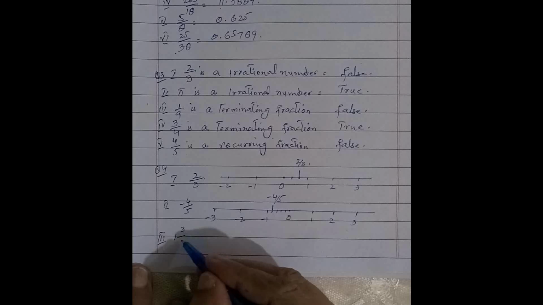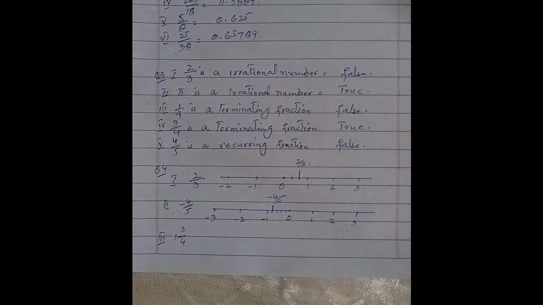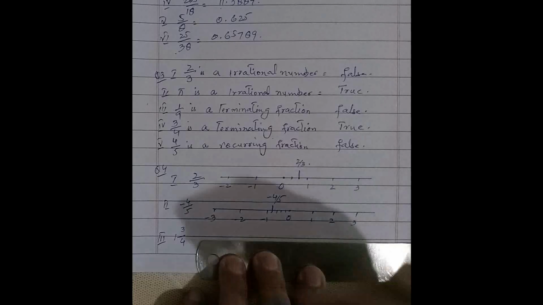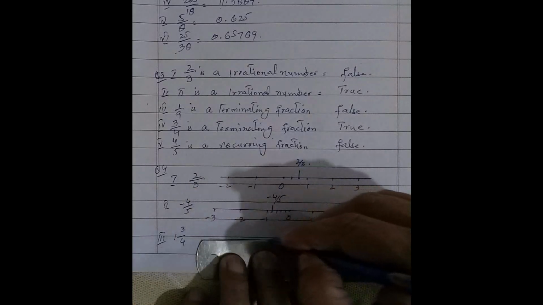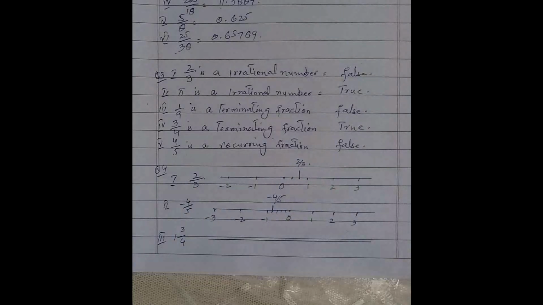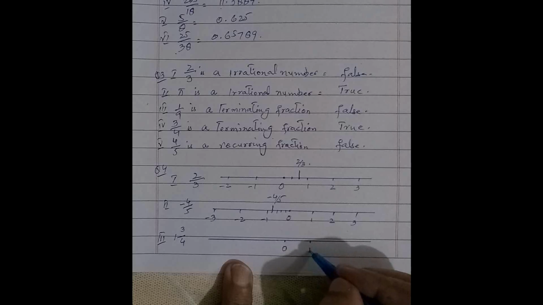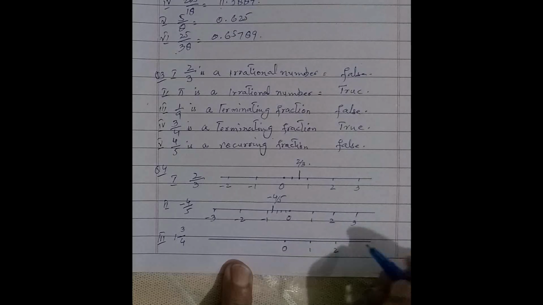And the third is 1 whole 3 over 4. Now we show that on a number line, which is 0, 1, 2, and 3.